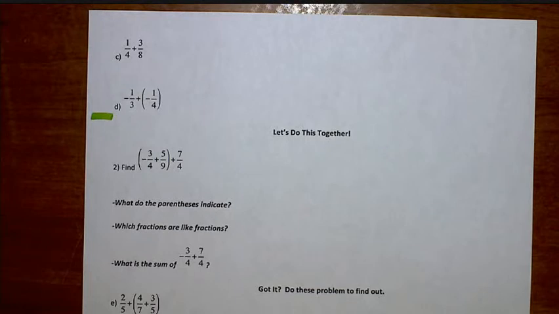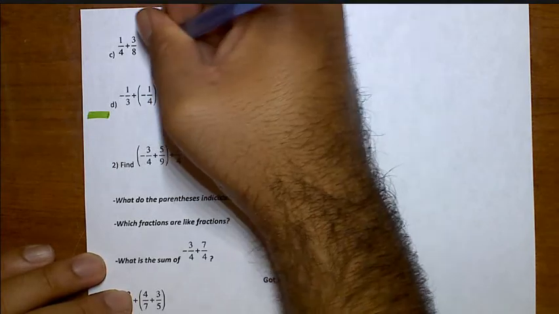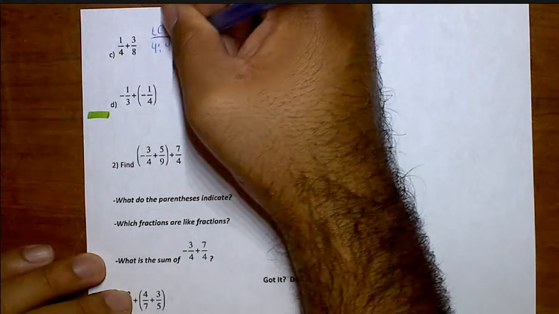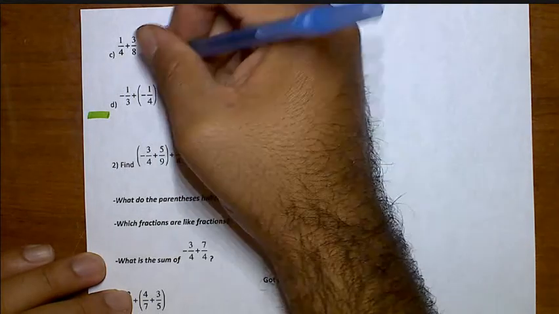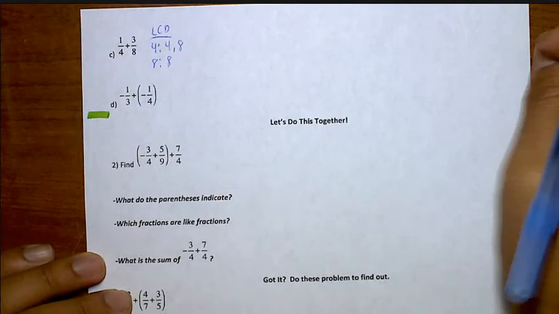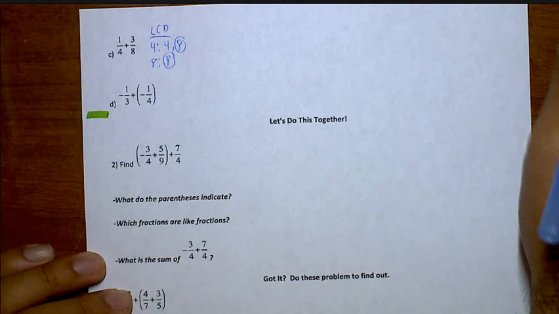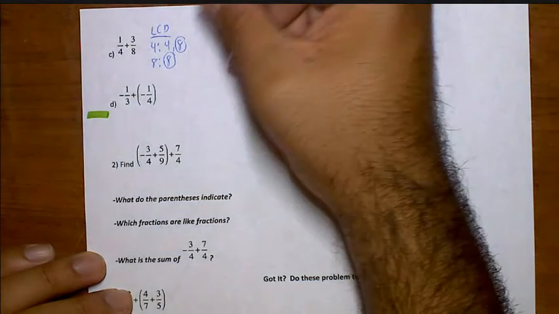So let's rewrite the fractions. We have 1/4 times 2 plus 3/8 times 1 equals 2 over 8 plus 4 over 8.